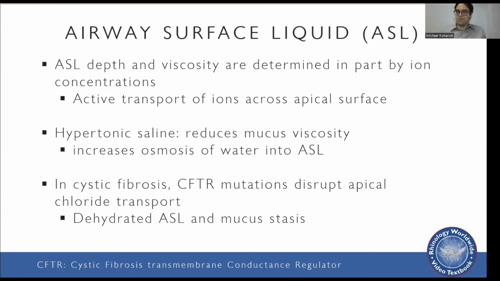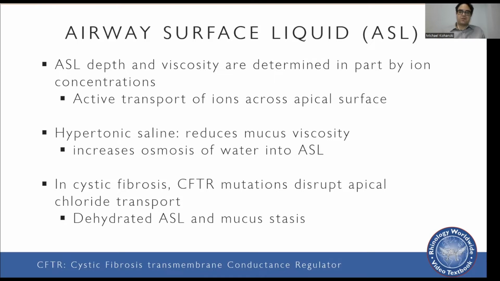That depth and viscosity of the ASL are determined in part by ion concentration. So with a healthy, intact epithelium, with an intact barrier, active transport of ions across the apical surface is going to regulate the depth and the viscosity of the ASL. In particular, it's going to be governed by movement of chloride and sodium ions across that apical surface.